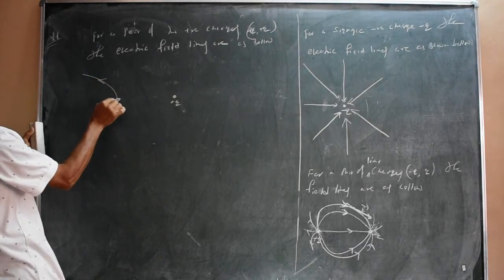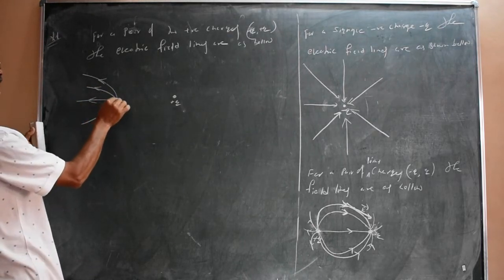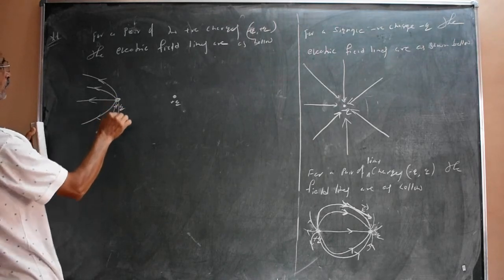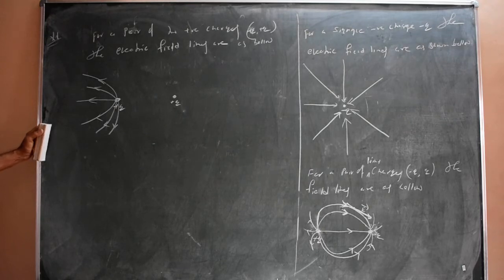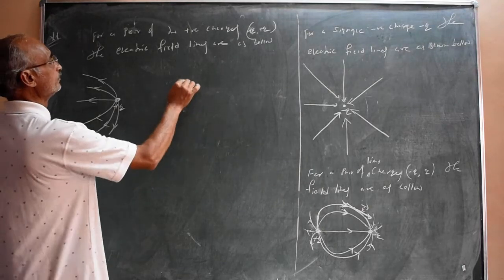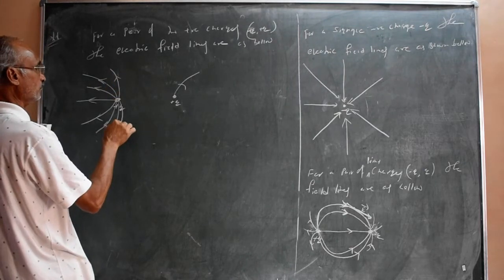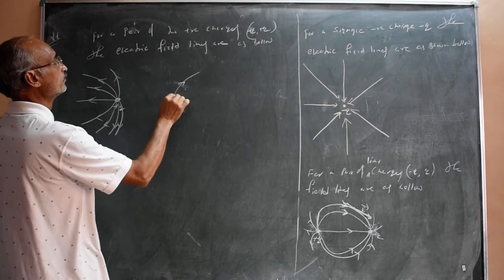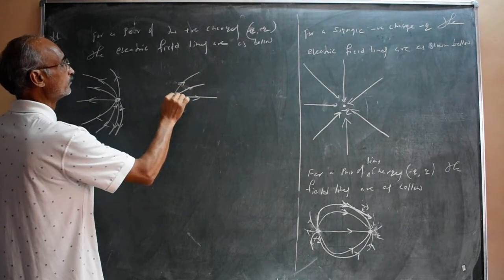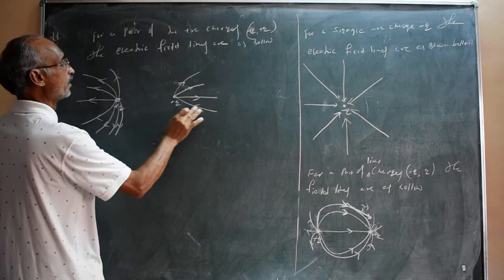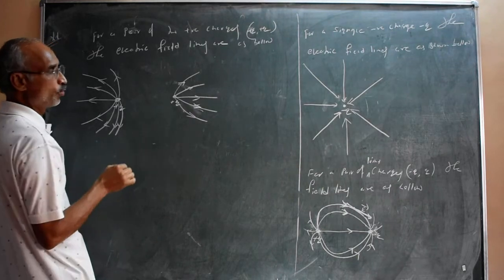Okay. Repulsive in the sense they are not converging, they are diverging like this. Plus q means field lines are outwards.